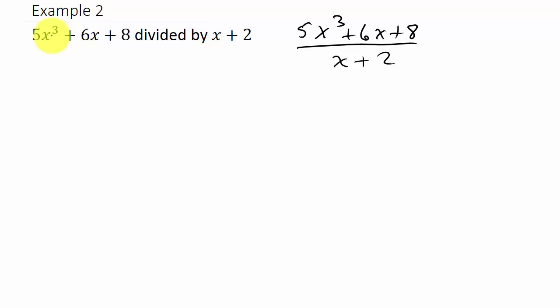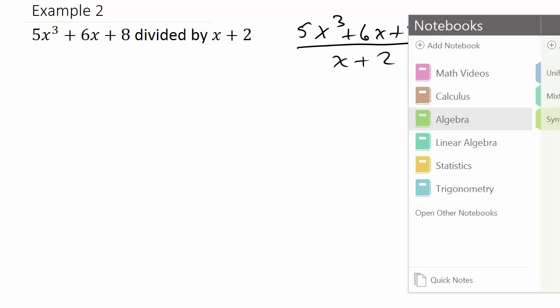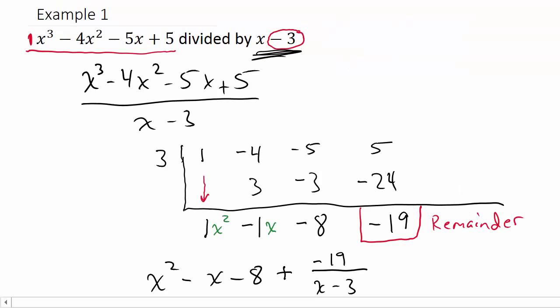If we look back at the first example, we had an x cubed term, an x squared term, an x term, and then a constant. That's what we have to have when we're doing the synthetic division. We have to have whatever it starts with. In this case a third power, so we have to have a 3, 2, 1, constant.